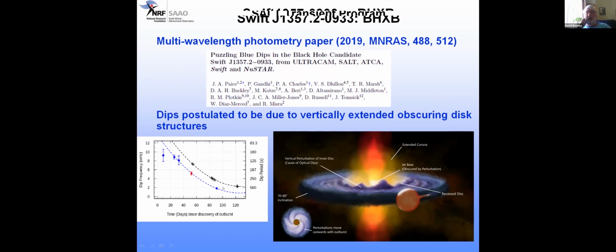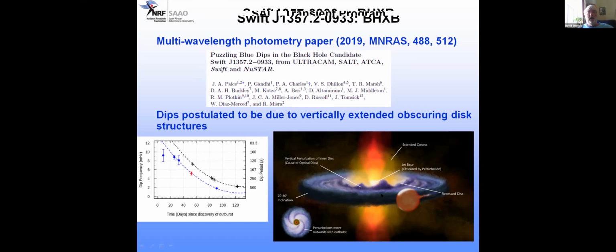And the interpretation of this has led to a model involving the fact that the source in the center is mostly obscured by the inner region of the disk, in particular by vertical extents in the disk, which, because this is rotating at the Keplerian period of a few hundred seconds, causes these dips that come and go and increase in period, because this vertical extent of obscuring material is propagating outwards in the disk.